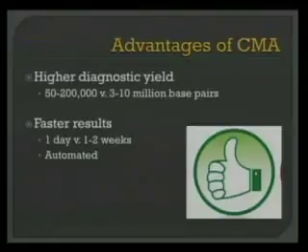It's also a faster result because this is automated. You scan the machine and then you get the data, so it's not a process where somebody has to do it themselves and look at it. You don't have to grow out the culture, things like that. So you can get results as fast as a day versus 1 to 2 weeks with a karyotype.